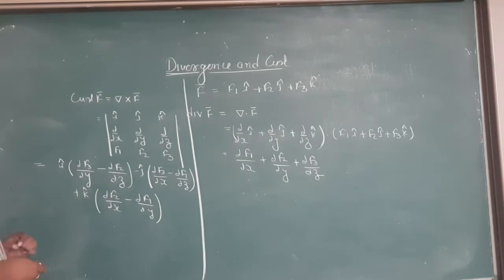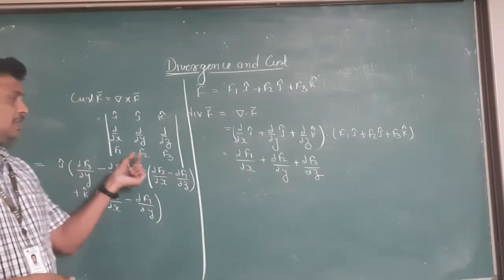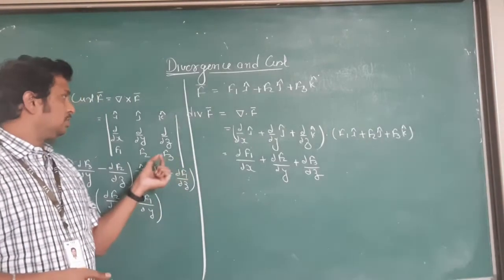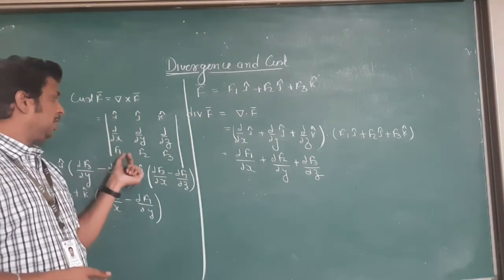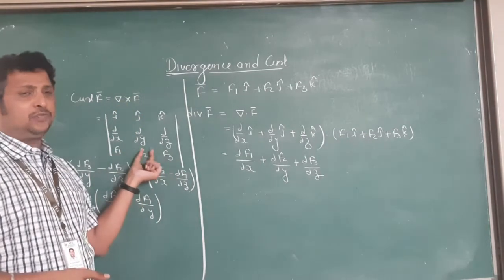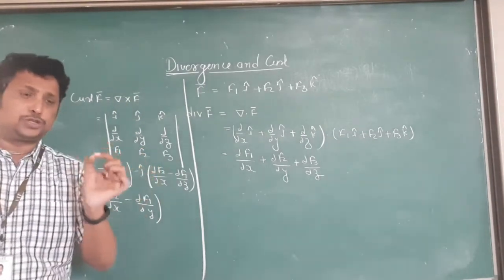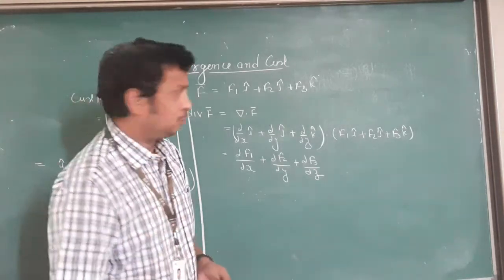So this is curl and this is divergence. For curl, just put the f1, f2, f3 values here and find the determinant. It's so easy. I will do one question.